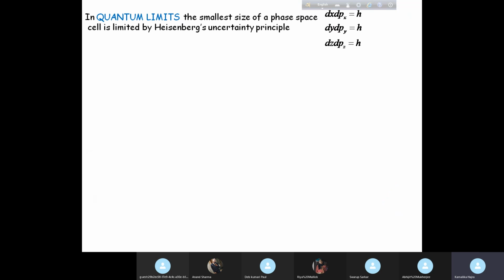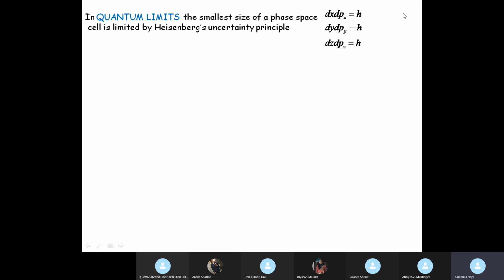All right. But in the quantum limits, the smallest size of the phase space is limited by Heisenberg's uncertainty principle, because see, the area of a phase cell is given by dx dpx or dy dpy or dz dpz.